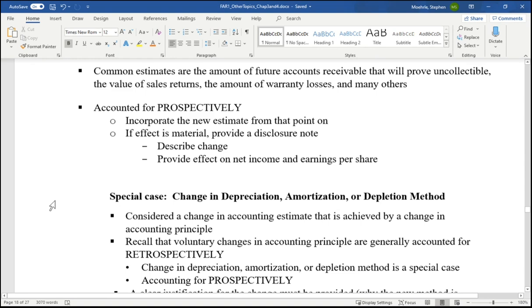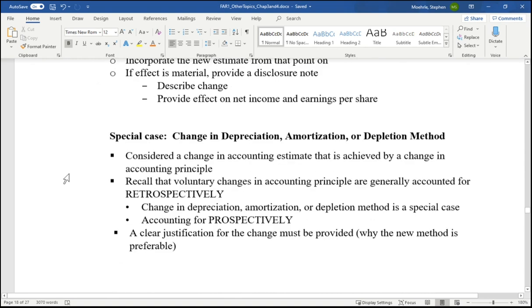There's one special case to keep in mind here. Changes in depreciation, amortization, or depletion method are actually considered a change in accounting estimate that is achieved by a change in accounting principle. Recall that in general, voluntary changes in accounting principle are accounted for retrospectively.